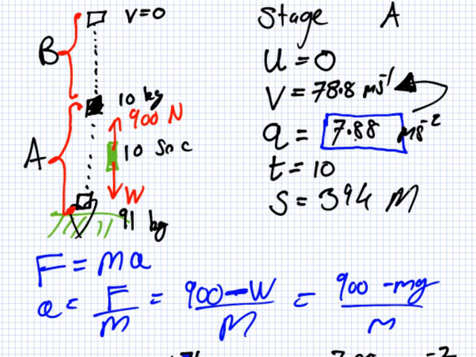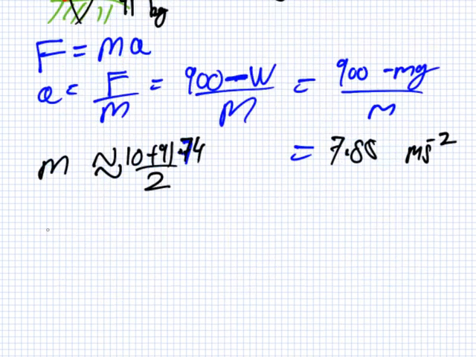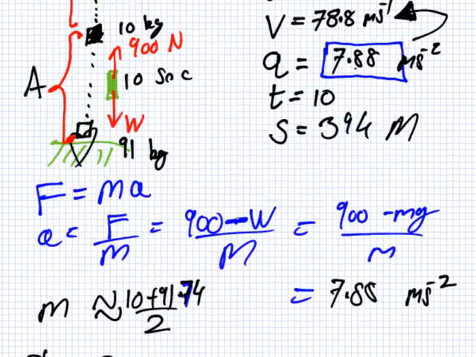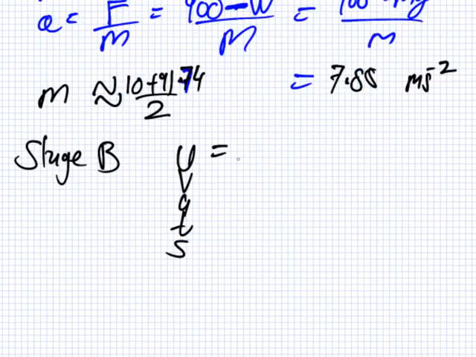Okay, now stage B. UVATS. The U is what? Anybody know? The U is 78.8.